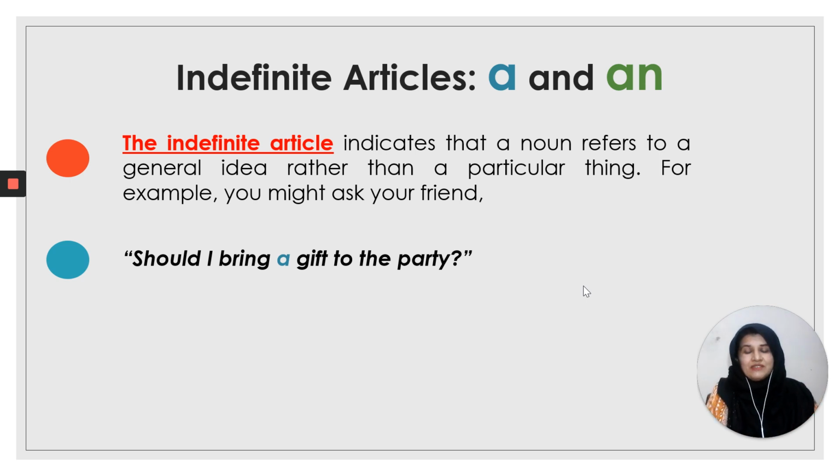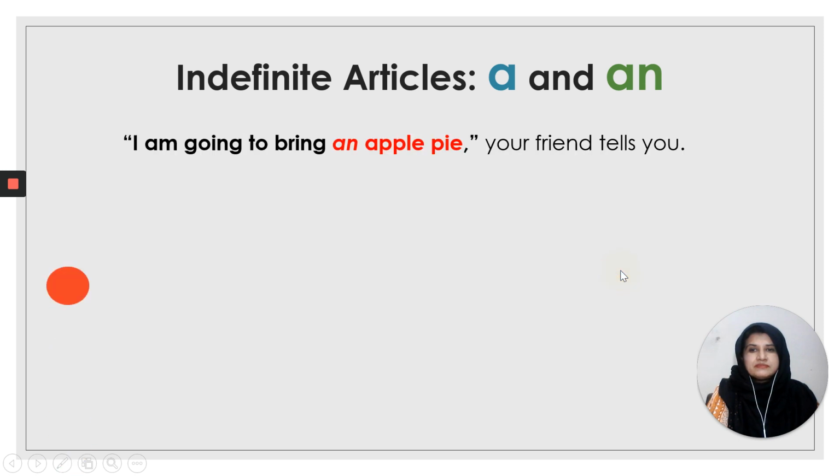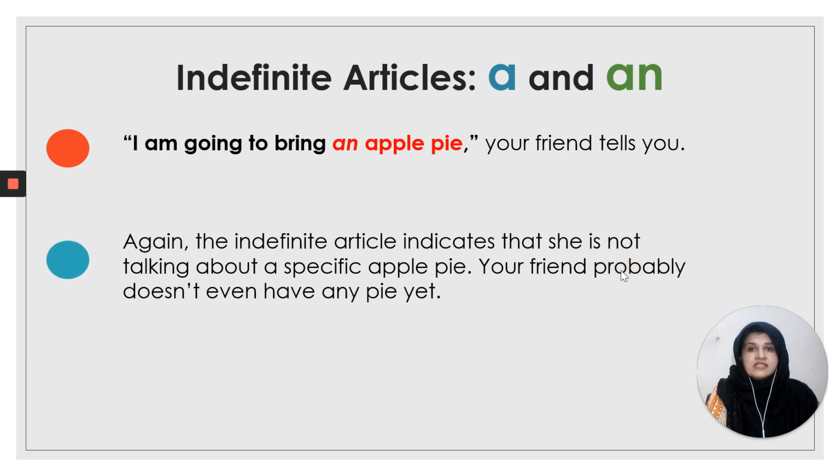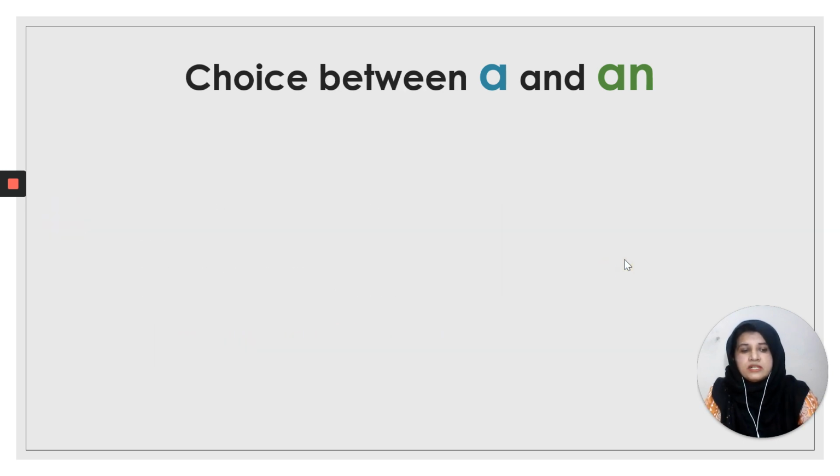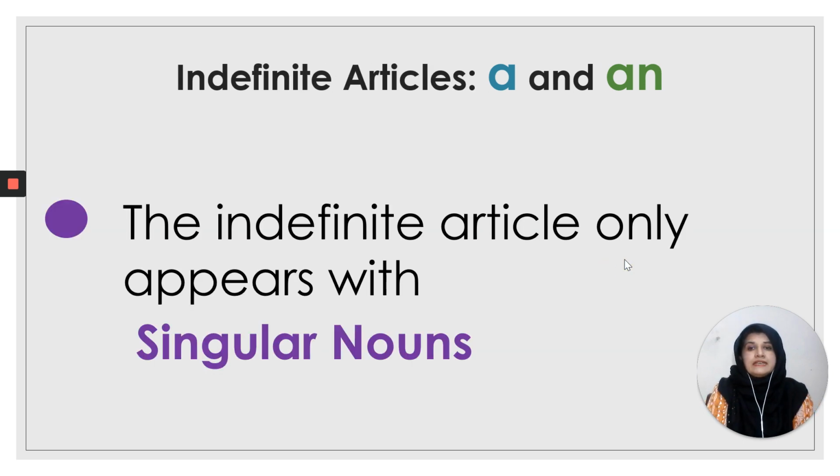It is any gift, right? And if the answer is, I am going to bring an apple pie. An apple pie, it means any apple pie, not a particular one, right? So this is how the indefinite article makes our expression general. And one more important thing to know here is that the indefinite articles a and an are used with singular nouns, right?